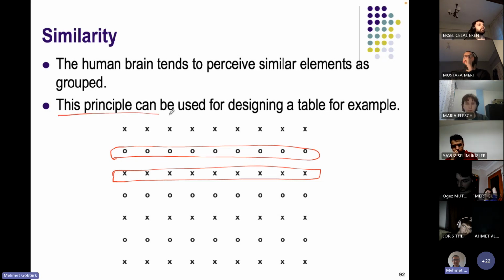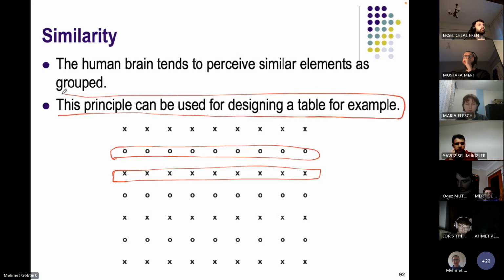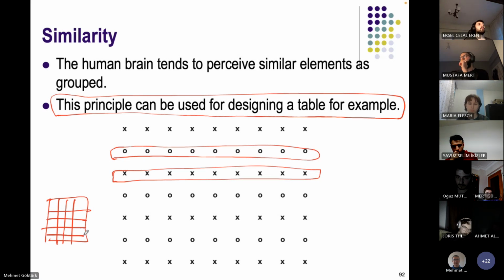This principle can be used to design a table, for example, a table design without grid lines. Without grid lines, a table is possible too, just by giving different shapes, grouping similar elements by our perception.